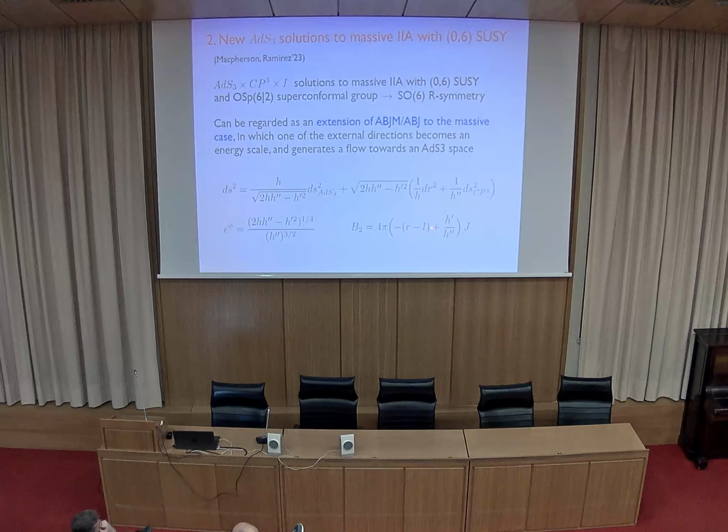And here I have introduced this integer L, which is a large gauge transformation parameter, because this r lives in the interval, so in principle it's non-compact, and you have to make B2 satisfy the condition that it lies in the fundamental region, integrating over the non-trivial cycle that you have in the CP3.